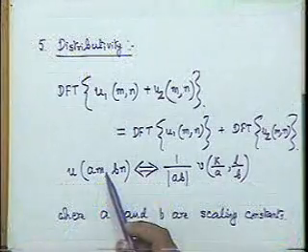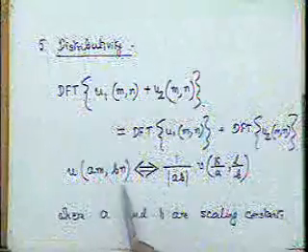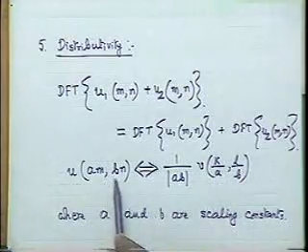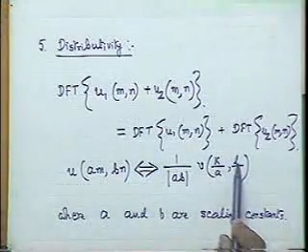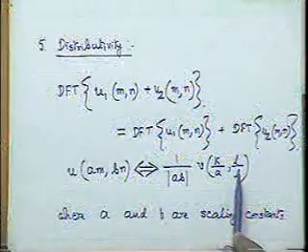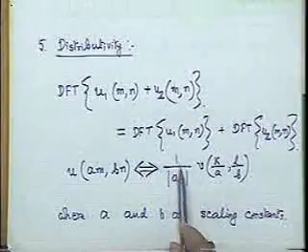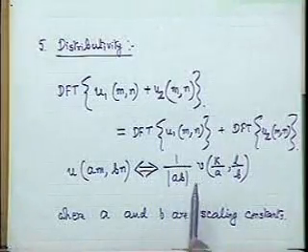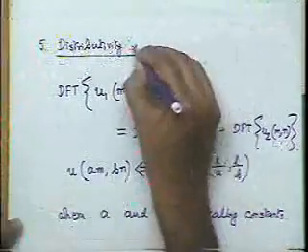I had AM in the spatial domain, and in the frequency domain I am getting K by A. In the spatial domain I have Bn, in the frequency domain I have L by B, and an overall normalization factor 1 upon mod of AB has come about. So this is the scaling property. Together I can call this property number 5, distributivity and scaling.